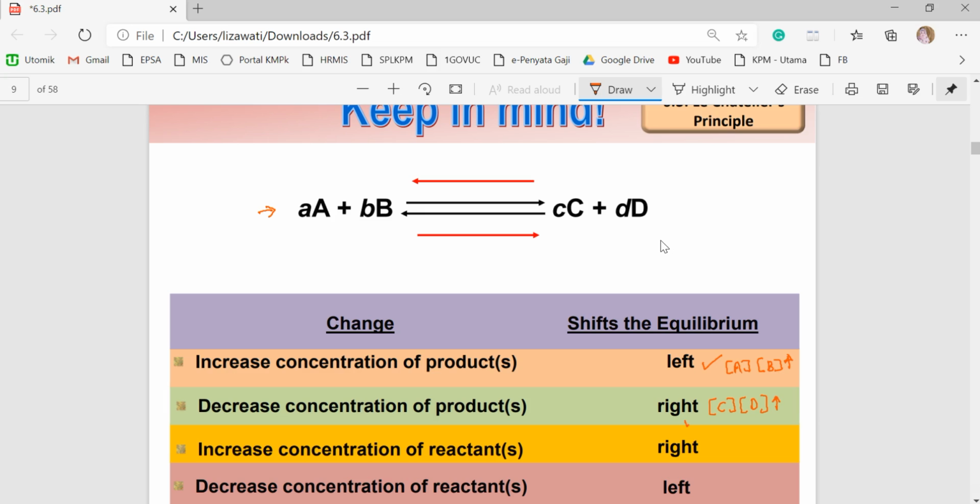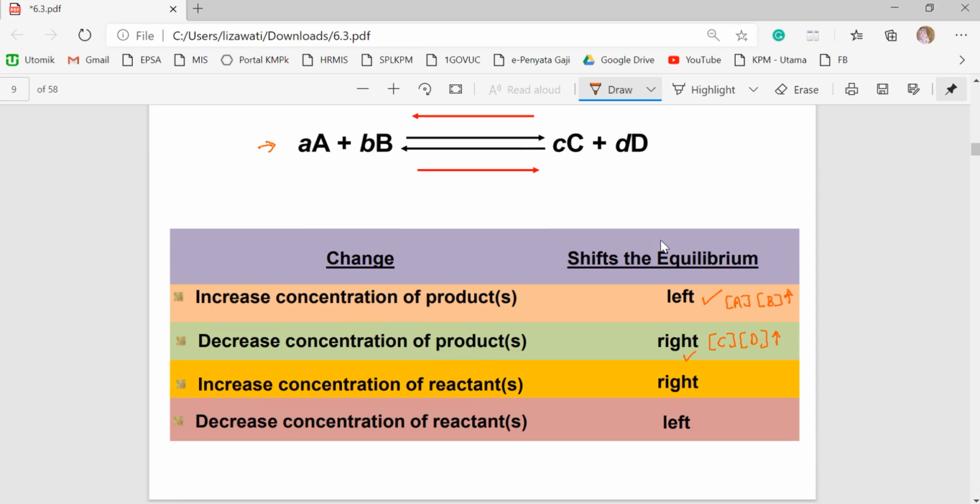Next, if we increase the concentration of reactant, either A or B, the equilibrium position will shift to the right. Therefore, the concentration of the products will increase.